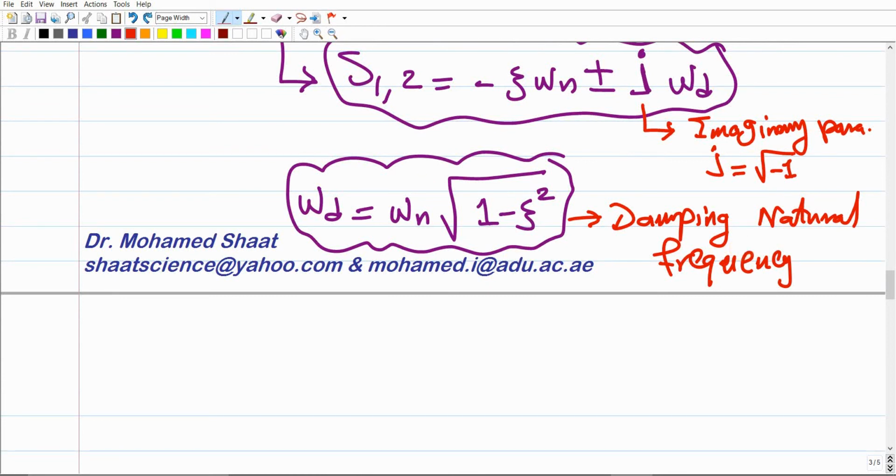This is also another property of the system, but it depends on both the pure natural frequency and the damping coefficient, which depends on how fast these amplitudes are going to decay. So this is like a new natural frequency of the system that depends on the damping coefficient. So these are the roots.